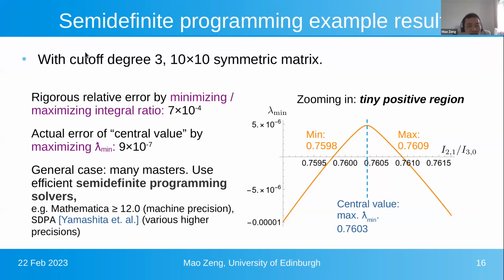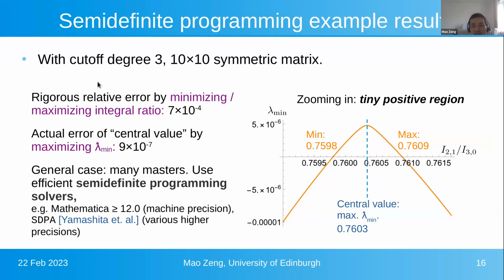So the rigorous bounds are roughly of the accuracy 10 to the minus 3. But if you take this central value, which maximizes the lowest eigenvalue, you get to an accuracy of around 10 to the minus 6.